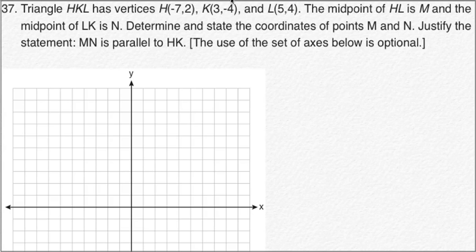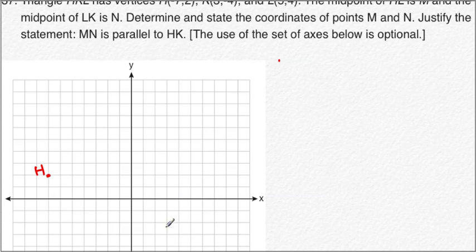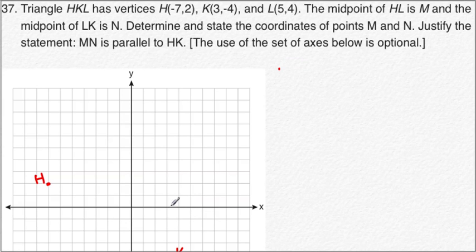So here we have H is negative 7, 2. That's H. K is 3, negative 4. And L is 5, 4.